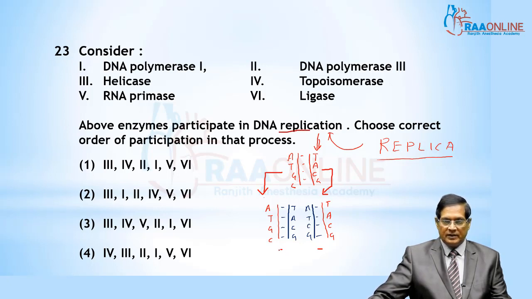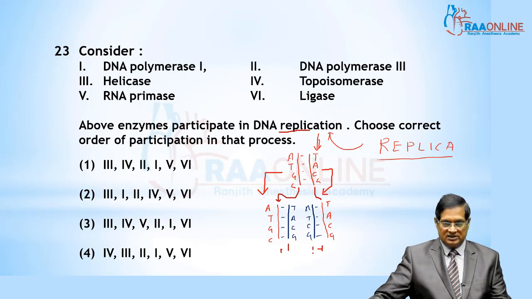Then see, these two DNA molecules are obtained from this one, and you see this strand is now in this DNA molecule, and from this side this strand is from the parental DNA molecule.